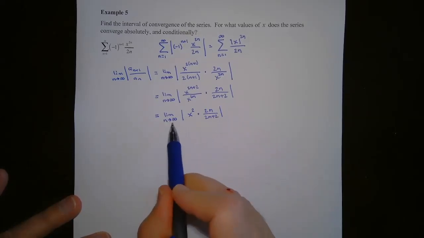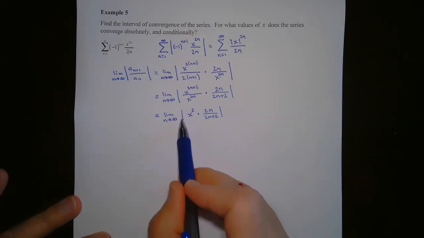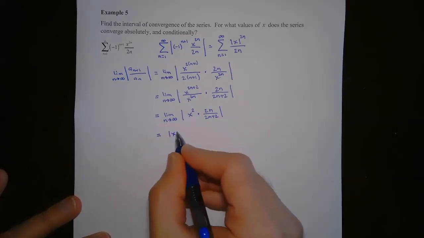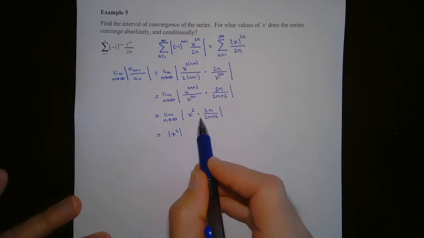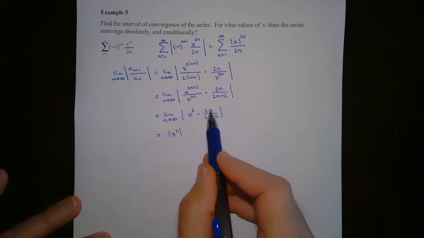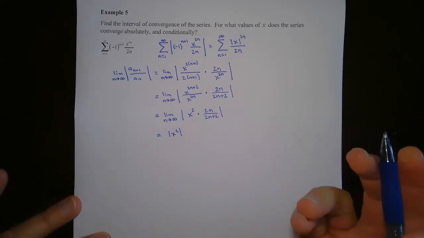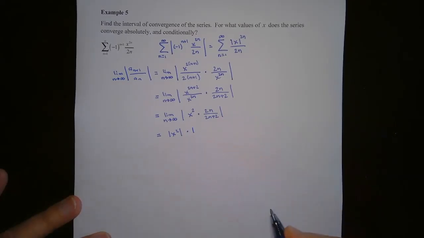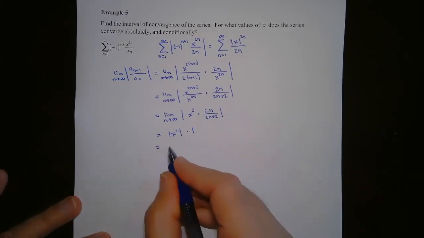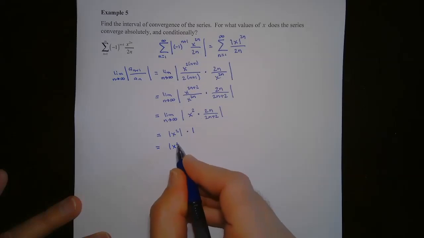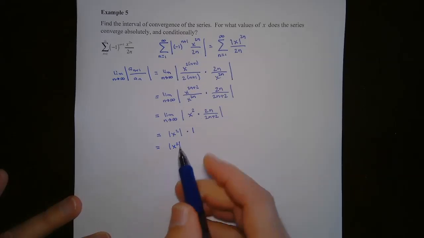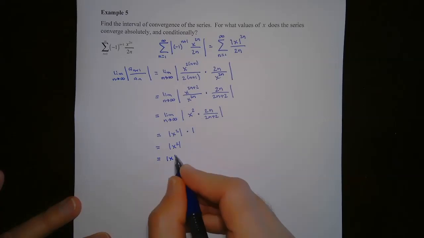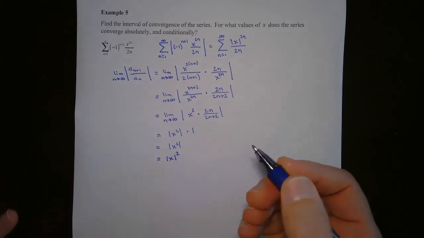Okay, as the limit as n goes to infinity, this one's going to be the absolute value of x squared times 2n over 2n, which is just going to be 1. Okay, so times 1. All right, so this is the absolute value of x squared. Now, the absolute value of x squared can also be written as the absolute value of x raised to the second power. That's going to be helpful, okay?